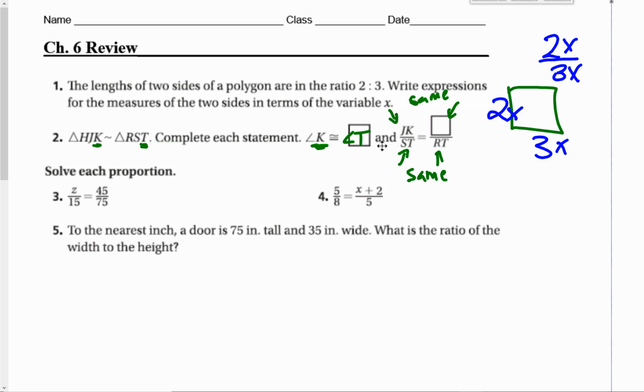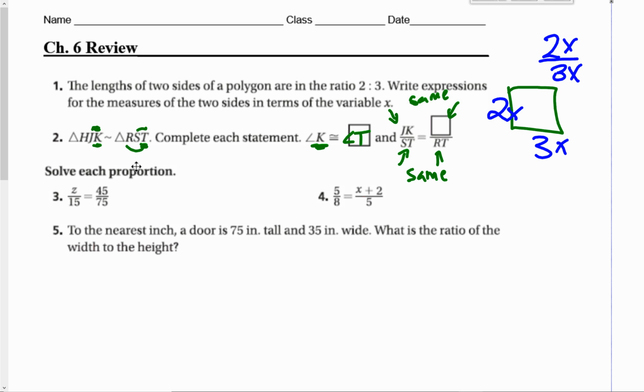So side ST, from S to T, and R to T, those are from the same triangle. Then JK, and this one that's a blank that we're supposed to fill in will come from the same triangle.